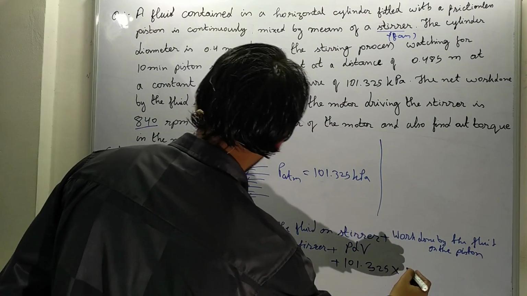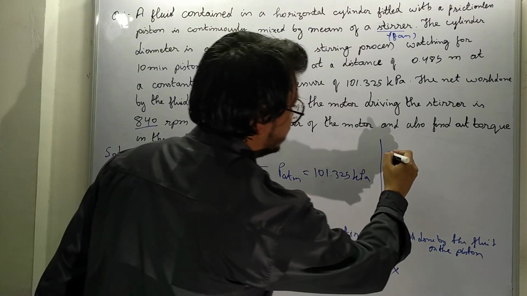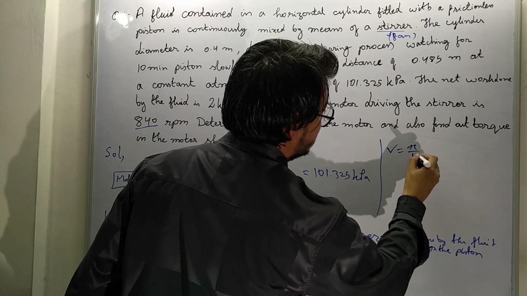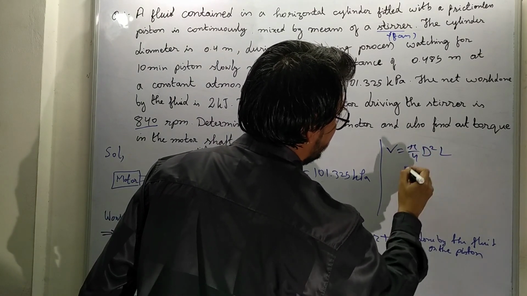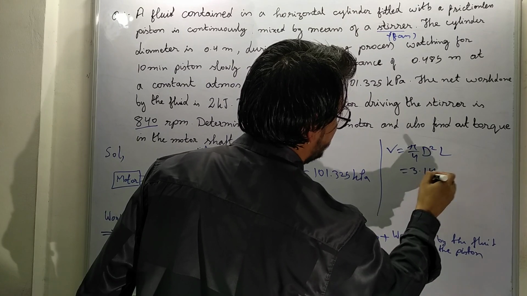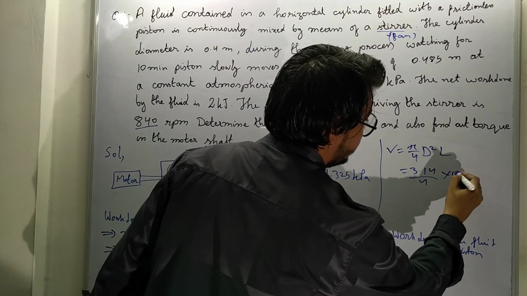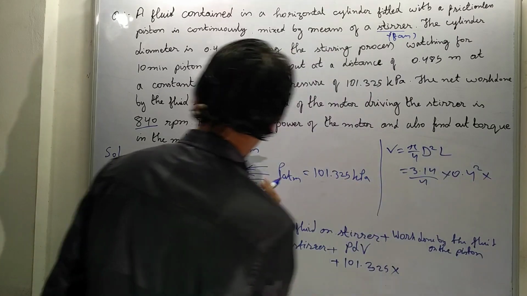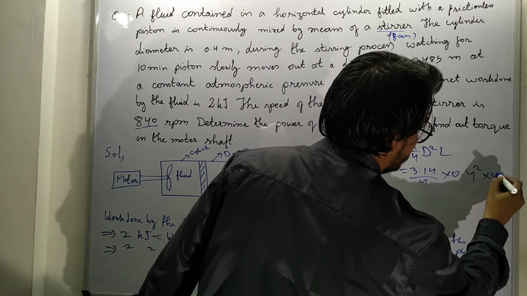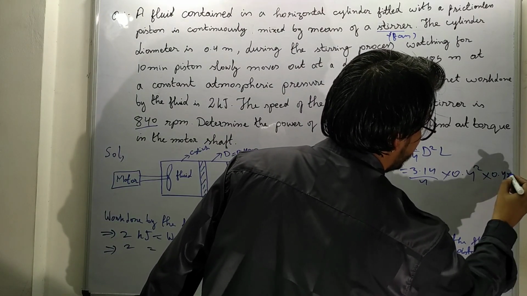Now we get the volume V is equal to pi by 4 d square into L, pi is 3.14 by 4 into d. This is the diameter, so 0.4 square into length 0.485.